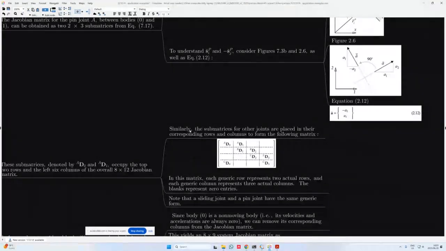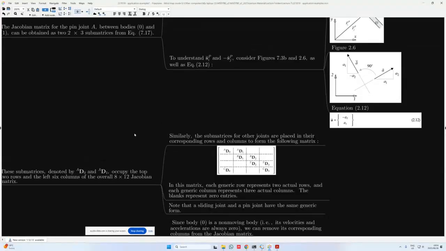Now, similar to this, the submatrices for other joints are also placed in their corresponding rows and columns to form the following matrix. And you'll notice D0A, D1A, all of these are bold, so they actually indicate submatrices that we are working with. And we can now investigate, well, what does this mean when we construct the actual joints between the systems?